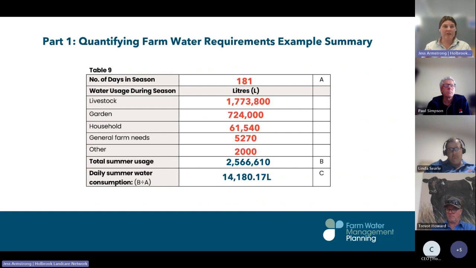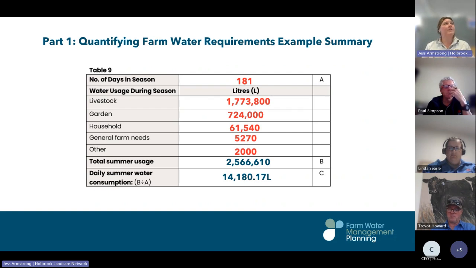And this is approximately 181 days. We know that our livestock are going to consume through this period 1,773,800 litres of water. We know that our garden is going to require 724,000 litres.